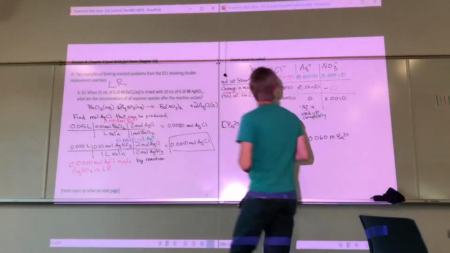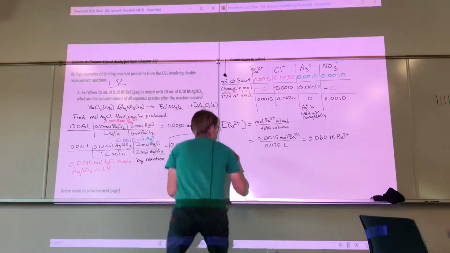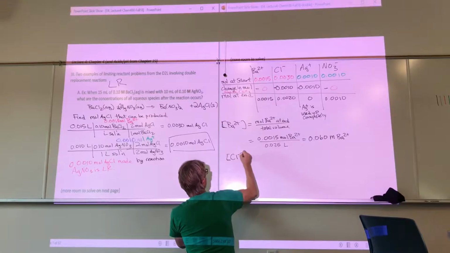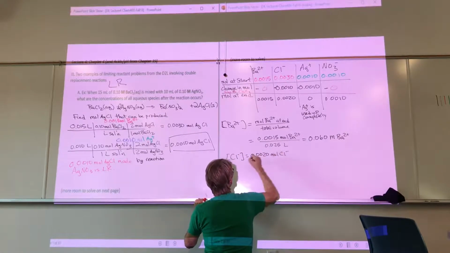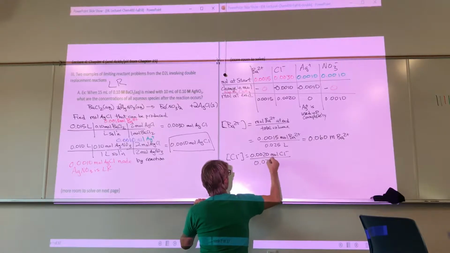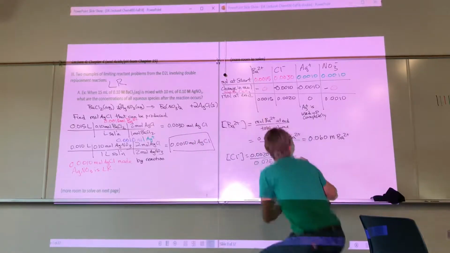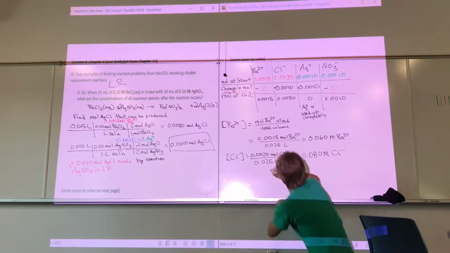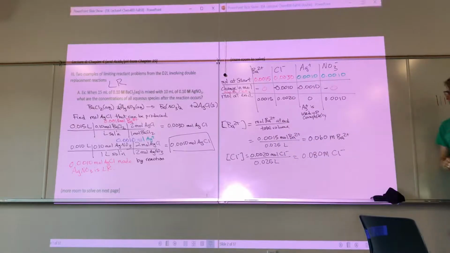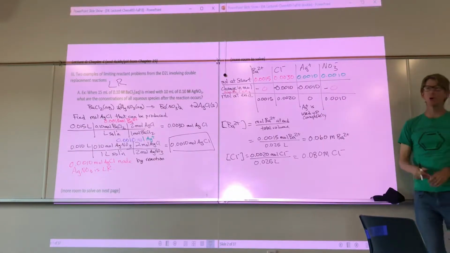If not, then it's the same sort of process for chloride. I get 0.080 molarity. My molarity of my silver ion, 0, donut, goose egg.